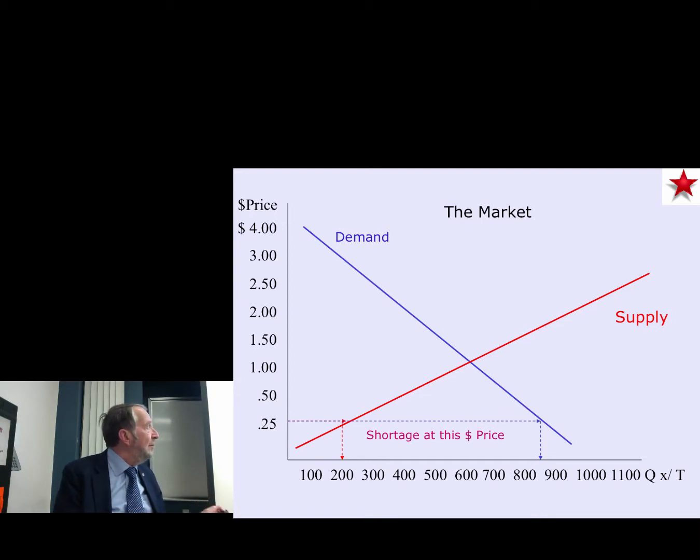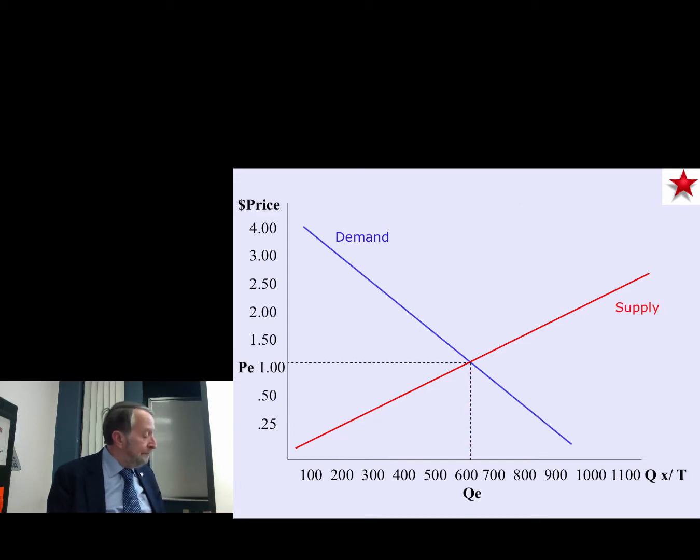And as the price goes up, the buyer's quantity demanded is declining. So the size of the shortage is being eliminated by competition between the buyers. Competition between the buyers.